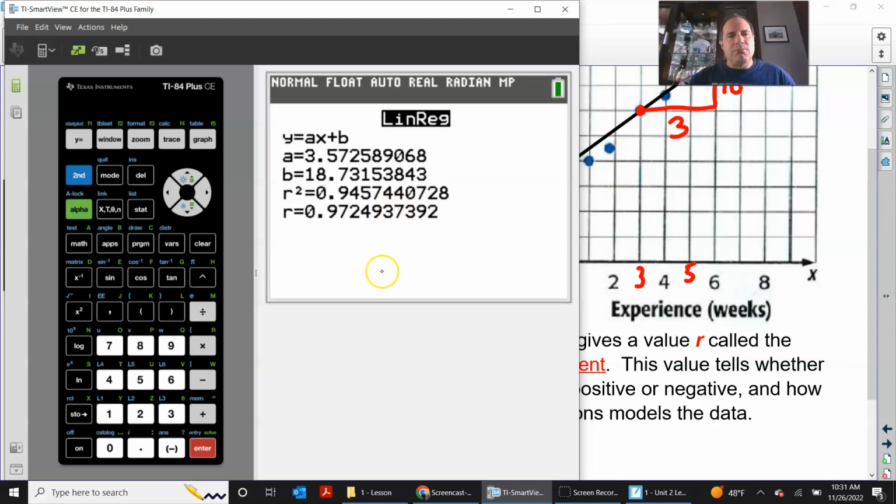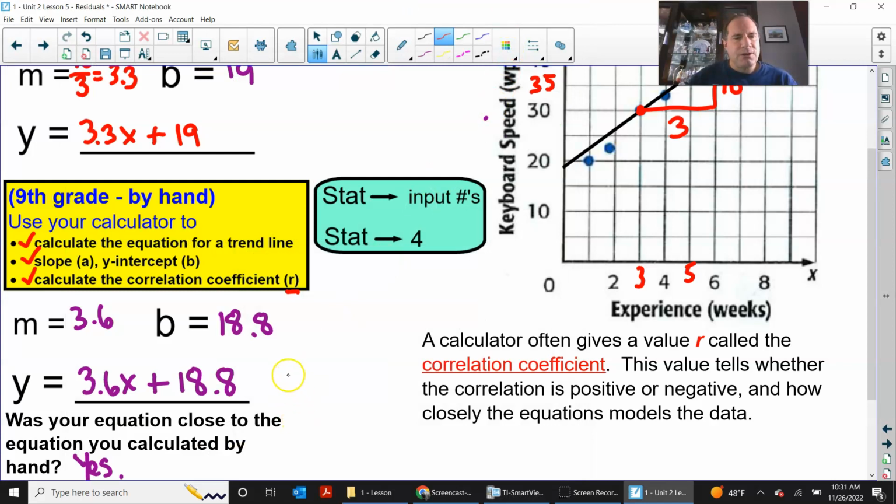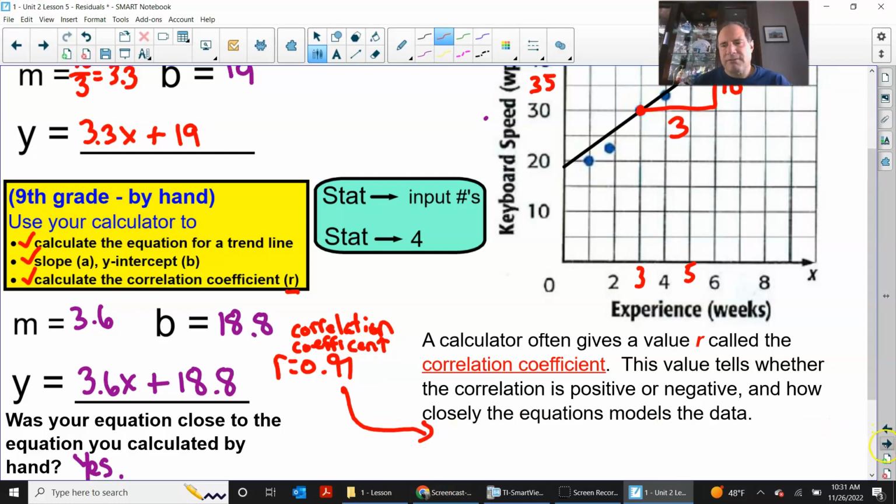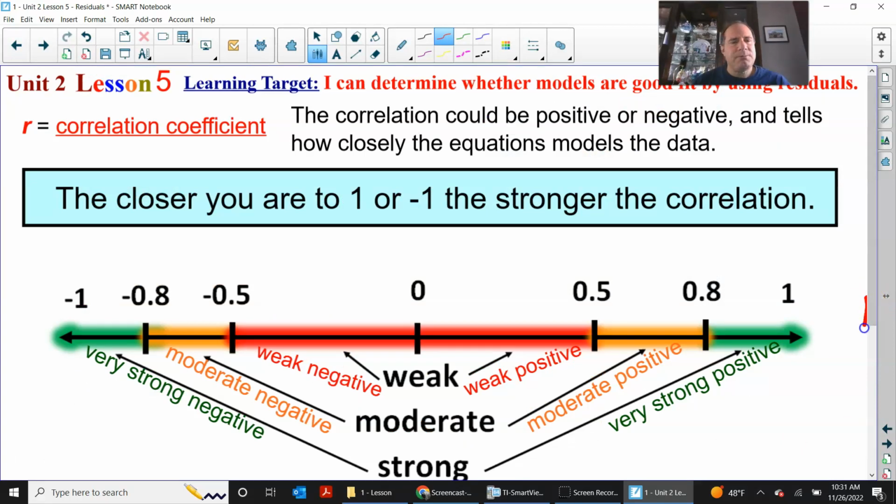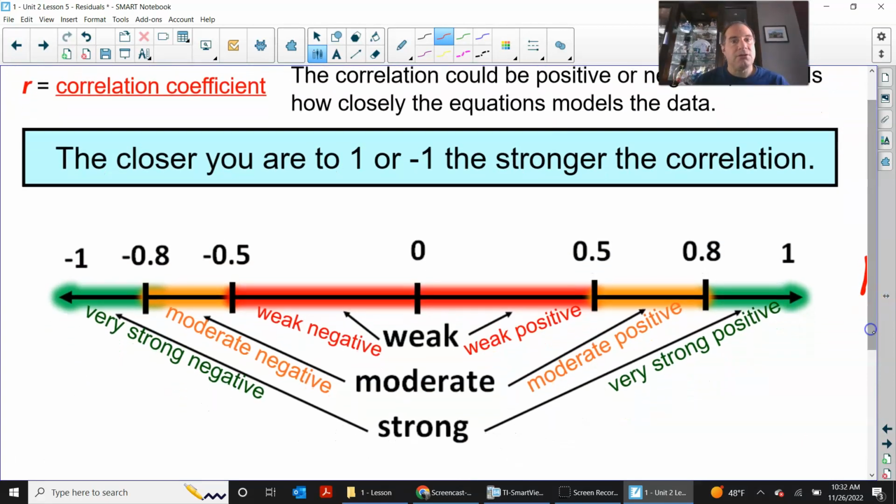All right. So we're going to round this to the nearest hundredth, and we're going to put R equals 0.97. That is the correlation coefficient. And when you get that number, 0.97, I just want to refer to this right here. 0.97 is very close to 1.